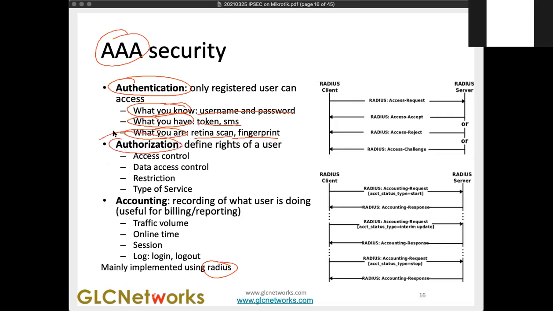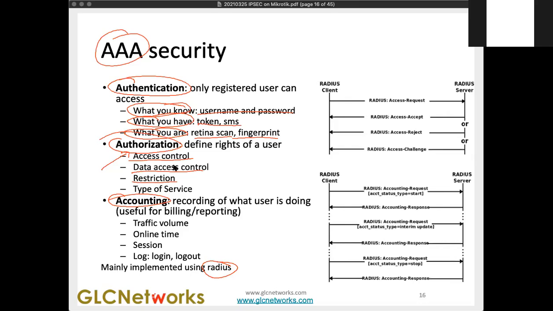Next is authorization. After you authenticate, you are logged into the network, and then what kind of rights do you get? Here you can use access control. For example, you can access YouTube, but you cannot access other websites. There is a list of websites, that kind of authorization policy. Another authorization is restrictions, for example, you're allowed a maximum of 1 Mbps speed.